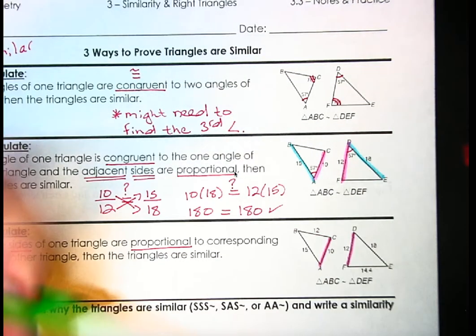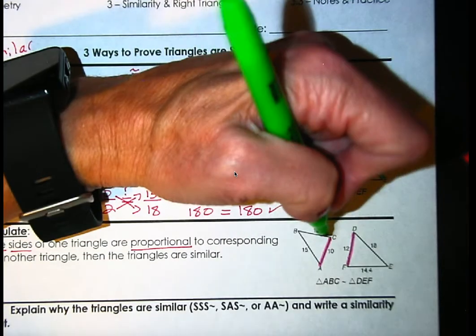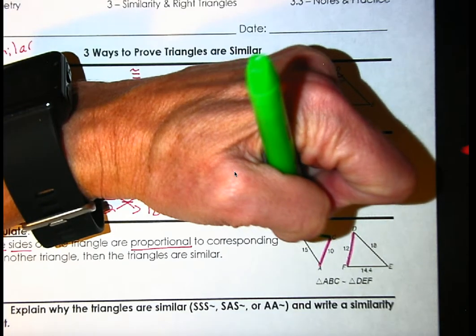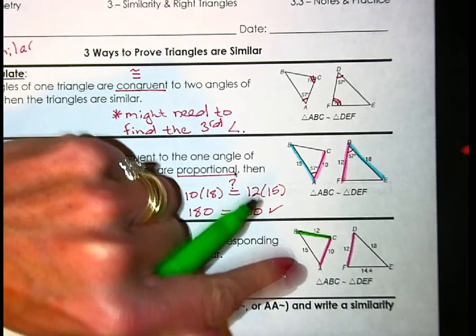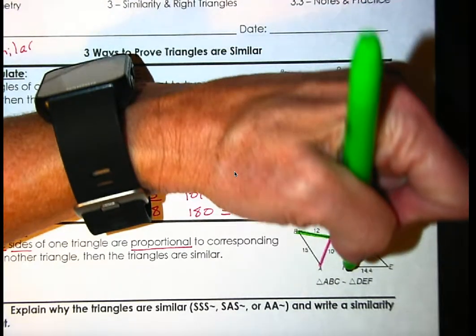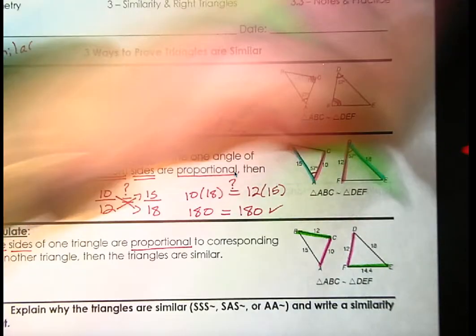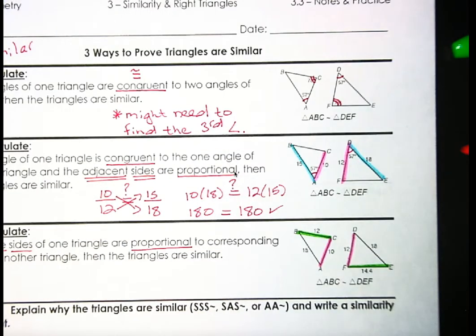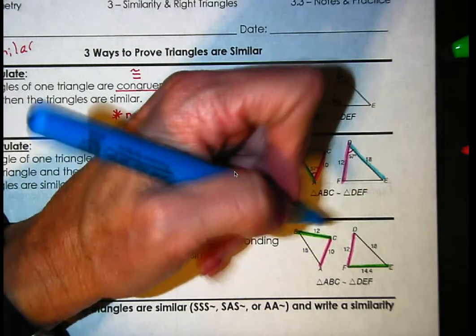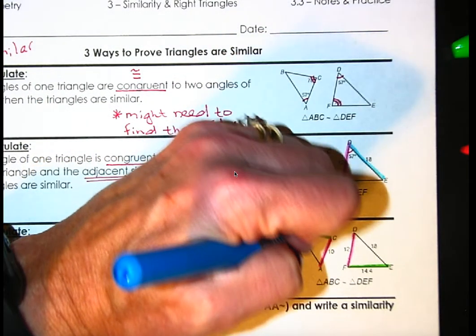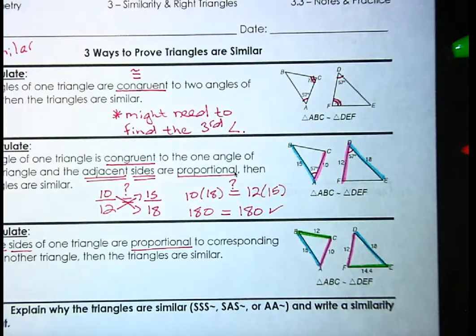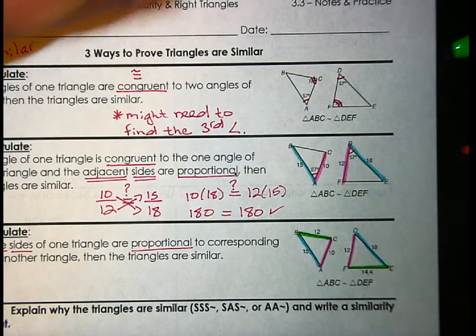And then the next two sides would be 12 over here, because that would be my middle length, and 14.4 would be my middle length on that triangle. And then I would color code the longest two sides. So that would be my 15 and my 18. And again, that just helps me set up my proportion correctly.